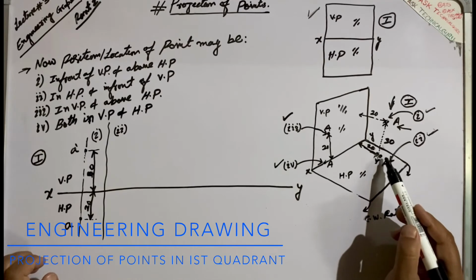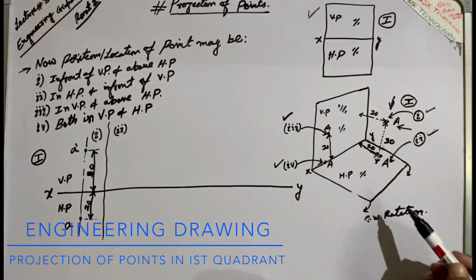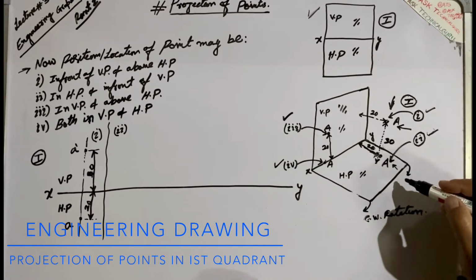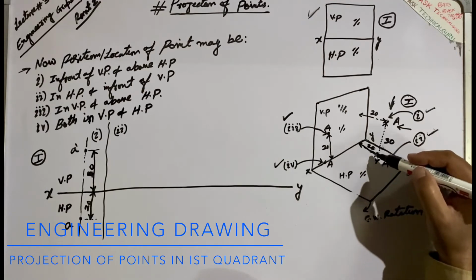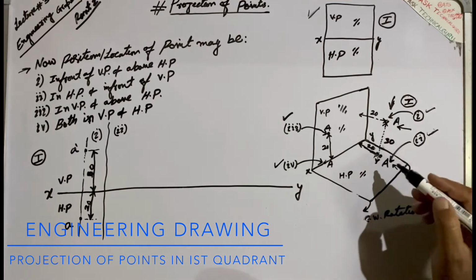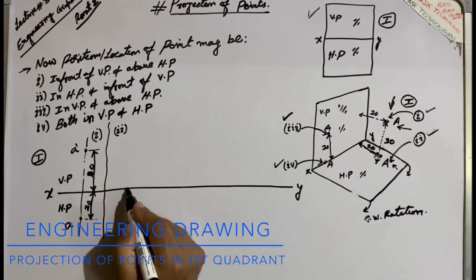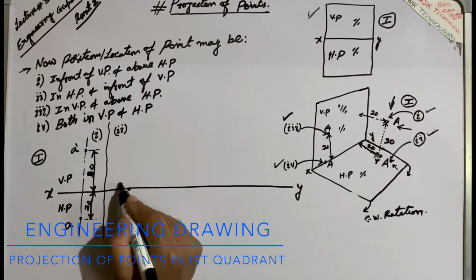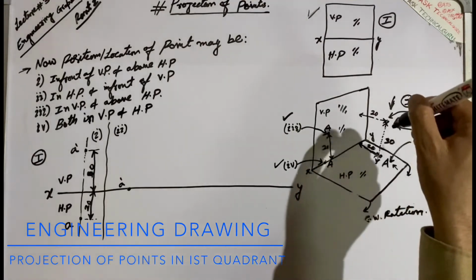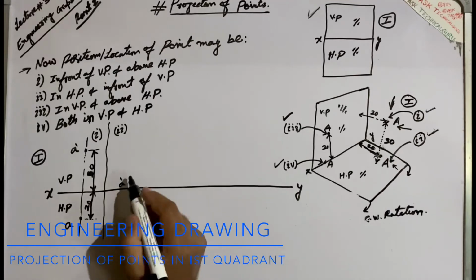Okay, when we see its front view, means we are looking from this side, we will not be able to see how much it is away from the vertical plane. So its front view will lie on the XY line. This is its front view, denoted by A dash. Now in top view we will be able to see how much it is in front of the vertical plane.